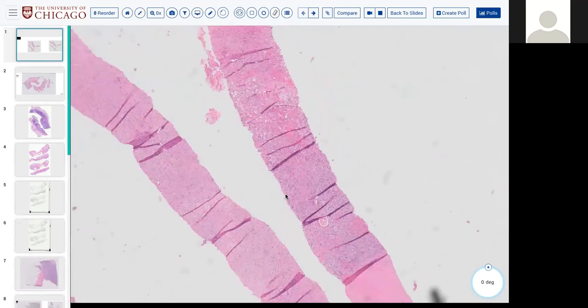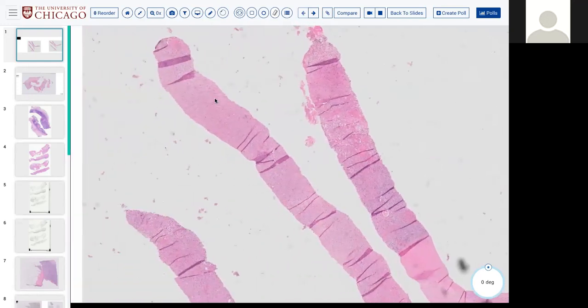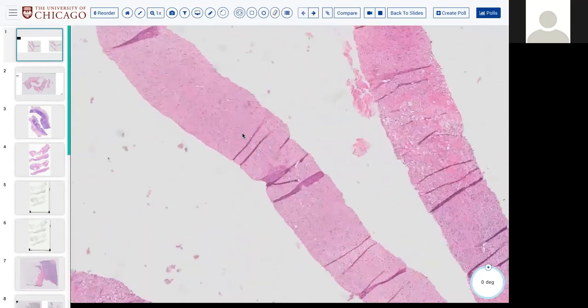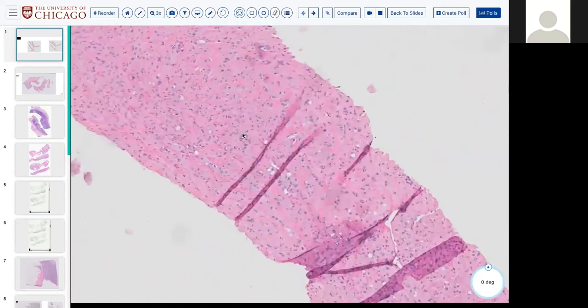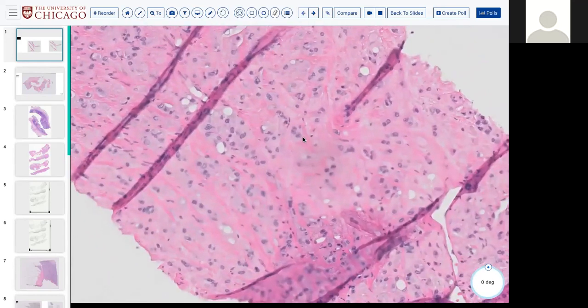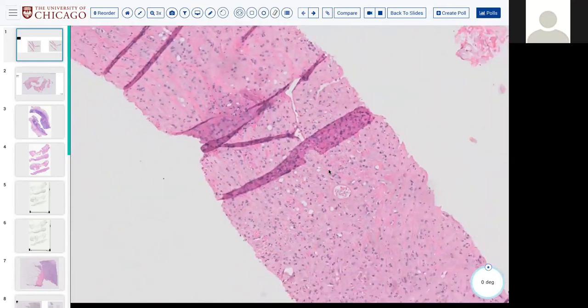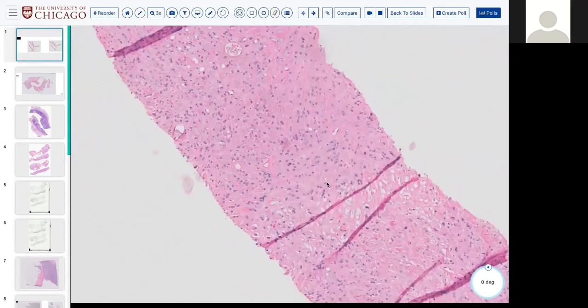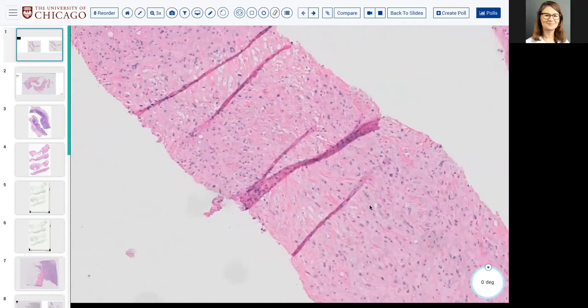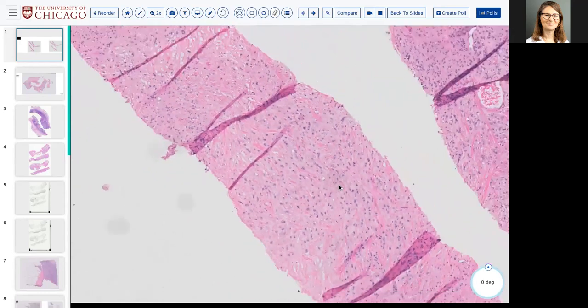Yeah, I can give it a shot. Thanks, Heather. So yeah, we've got 3 core biopsies. In terms of cellularity, I think it's a mixture of hypercellular and hypocellular areas. Here's a little more hypercellular. It's very pink, but not hyalinized pink.